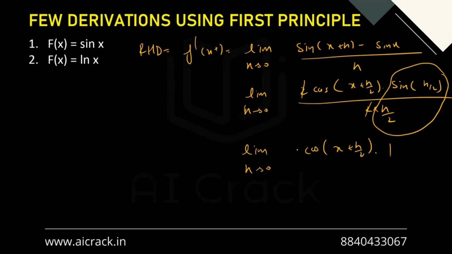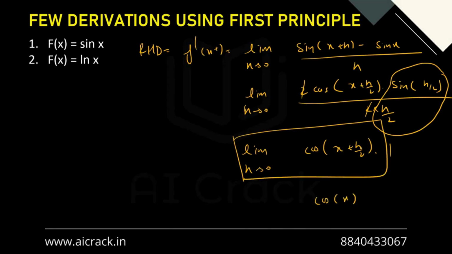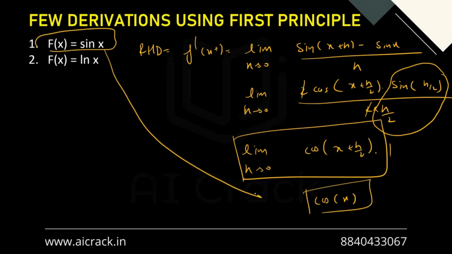Standard limit. Now, this particular limit would be cos x only, because h is approaching 0. So this becomes cos x. So we know that the derivative of sin x is cos x. We won't be calculating f dash x minus because that would yield the same result. So we have just calculated the right hand derivative, that is f dash x plus, and we've got the outcome that the derivative of sin x is cos x with the help of first principle, right?